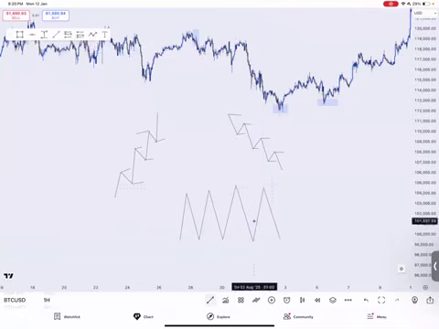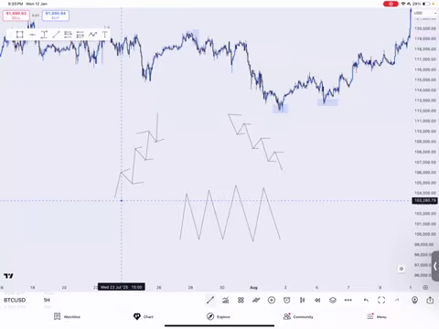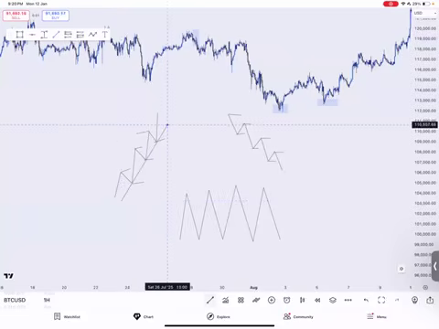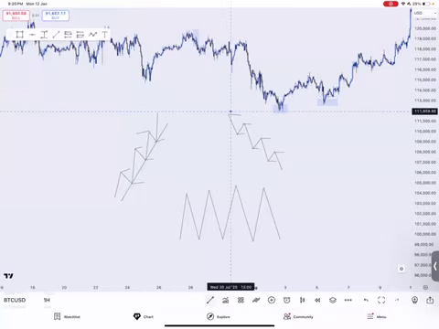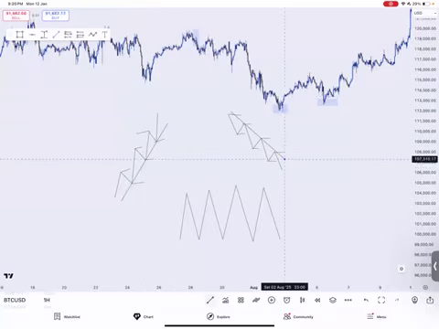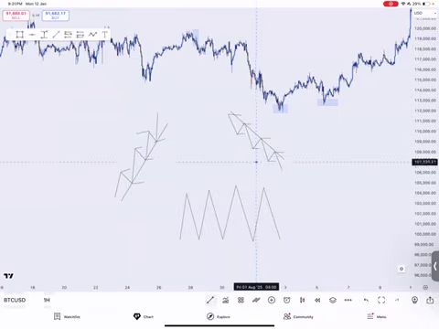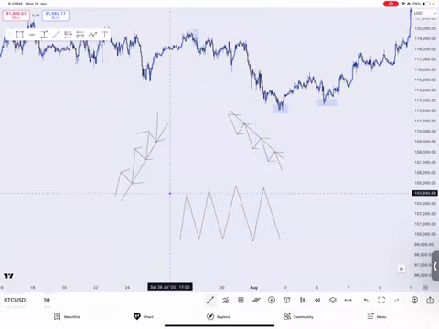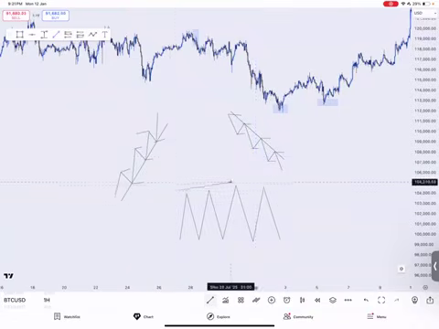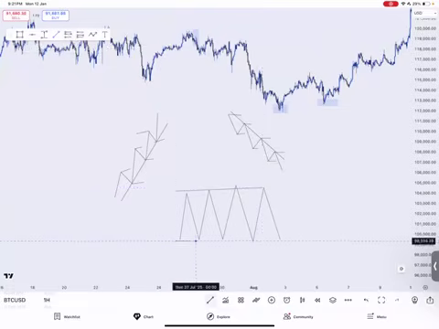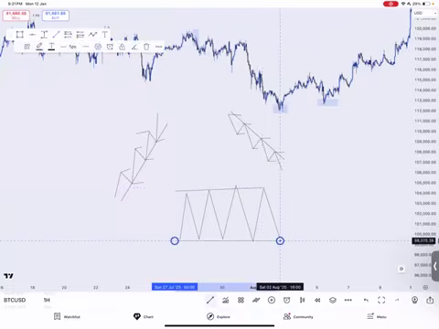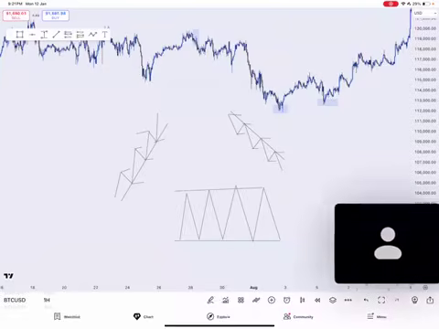If you draw a line for the uptrend, you can tell the market is trending up because of how the line slants to the upside. If you draw the downtrend, you can tell it's trending down because of how the line slants to the downside. But if you try that for ranging markets, you can't really tell whether the market is trending up or down. Instead, what you will see is price moving in a horizontal pattern. Hope you guys are following me.